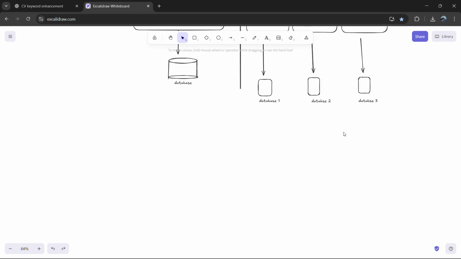Now we will see that in 2013 there was a man named Martin Fowler. He broke the concept of microservices into 9 parts.